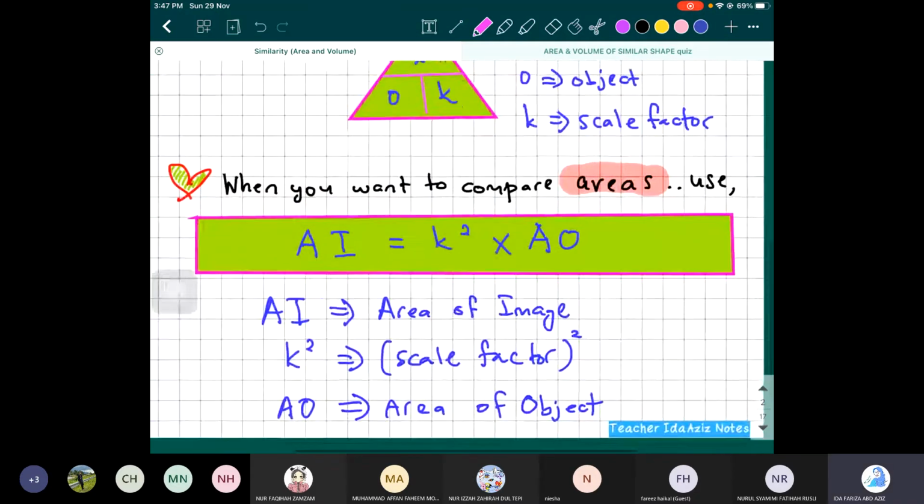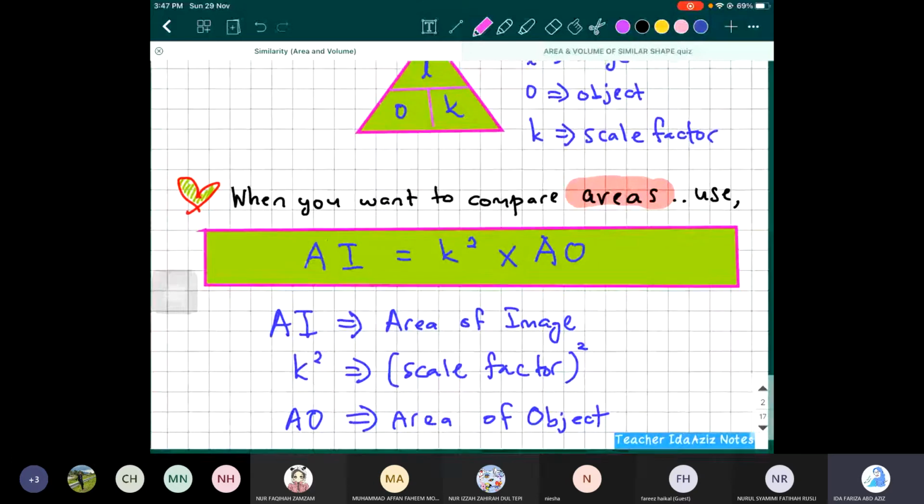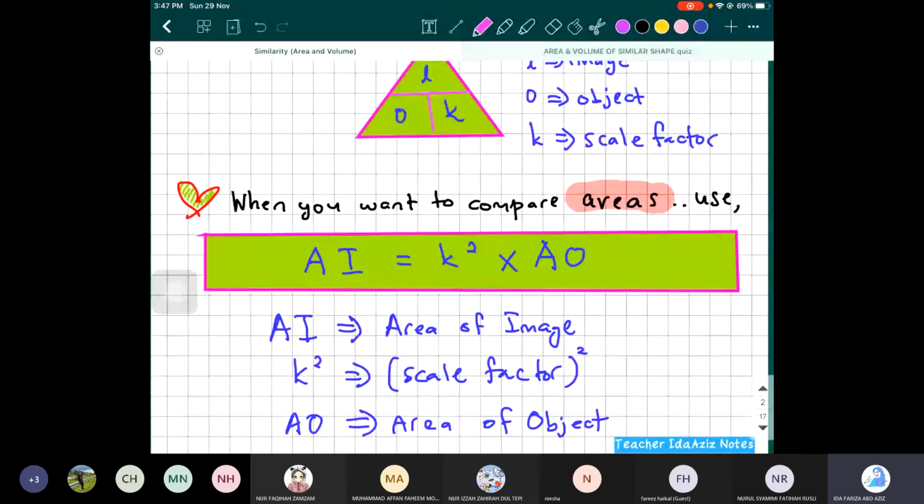Okay, next, when you want to compare areas, nak bandingkan surface area, what is area? Luas. Okay, you will be using this formula. Please memorize this. AI equal K square times AO. AI tu apa? AI is area of image. K square is scale factor square.